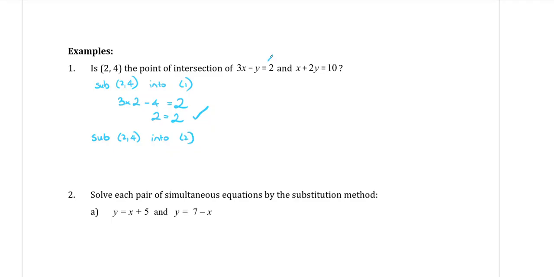So that's equation 1 and this one's equation 2. So let's sub that in. We have 2 plus 2 times 4 equals 10. 2 times 4 is 8, plus the other 2 is 10, does equal 10. So yes, that works as well. So because both of those lines are going through the point (2, 4), that means that yes, both of those lines must meet at that point because they're both at that point.